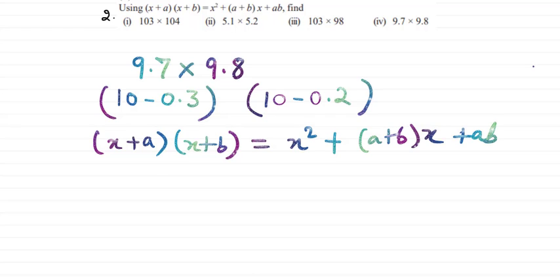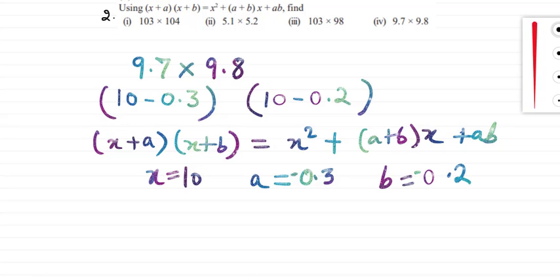So here you can see x is 10, a is, now whenever you have a minus sign, you just keep the minus sign. So minus 0.3 and b is minus 0.2. Remember that you give the minus signs here. Now we'll put this in the formula.